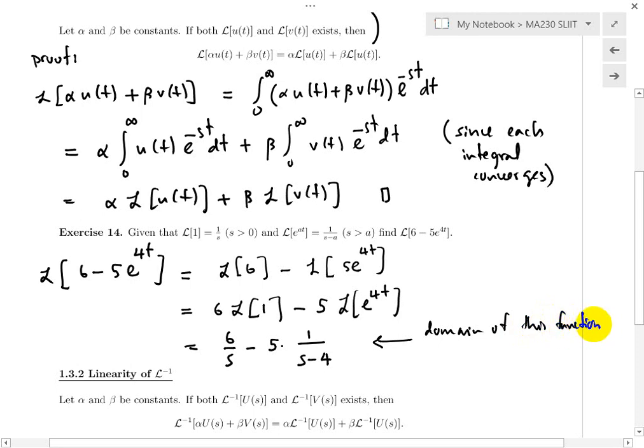The domain is s strictly greater than 4.